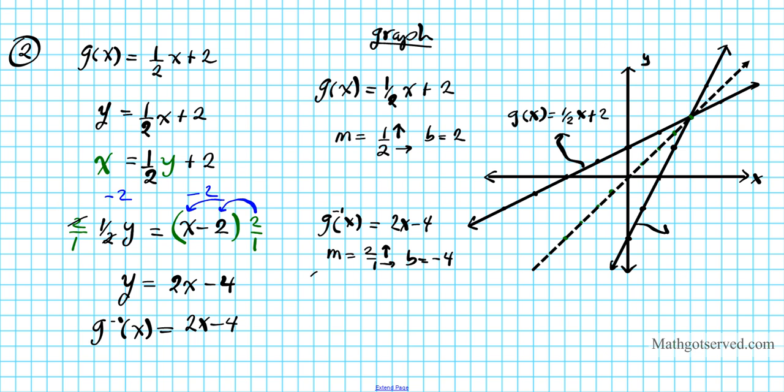The line right here is the inverse, g inverse of x equals 2x minus 4. And this line right here is the line y equals x. So there you have it. Since three lines intersect at a point, and this is a reflection of this, that shows that our inverse is correct.